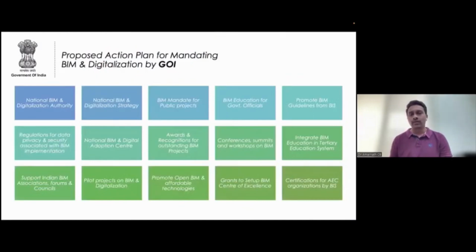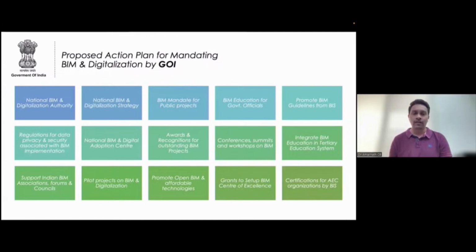And what I would propose as an action plan for mandating BIM and digitalization for the government of India is, I mean, these are some 12 key important areas that I would recommend for the government of India through the NITI Aayog. So number 1 is to develop a national BIM and digitalization authority. In fact, you have multiple BIM forums and councils in the country.